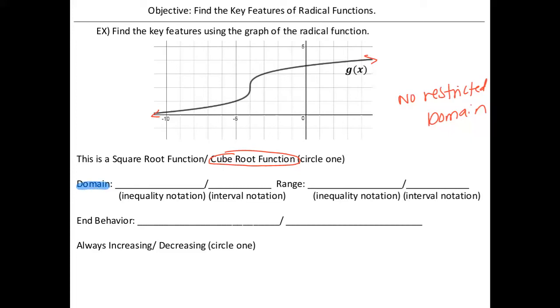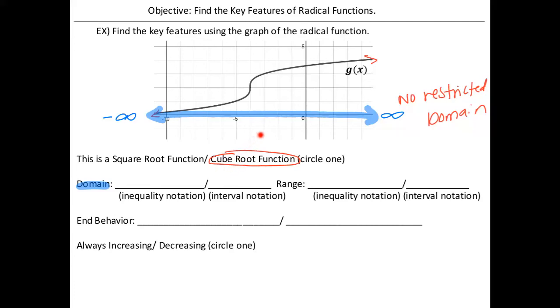So the domain are the x's. Again, I don't have any endpoints, so I'm actually highlighting the whole x-axis here. And I'm going from negative infinity to positive infinity. It's all real values, no restricted domain.